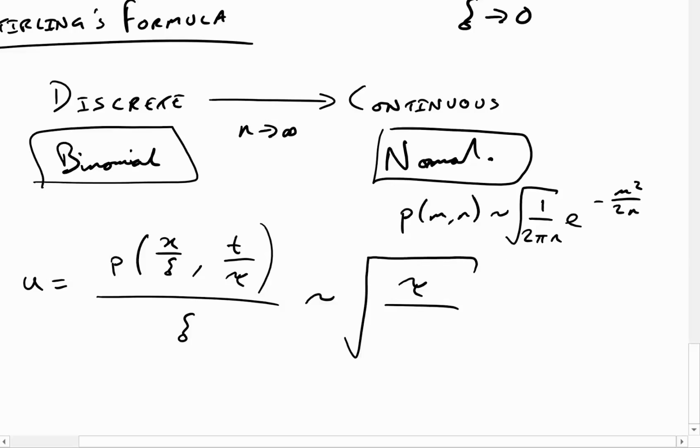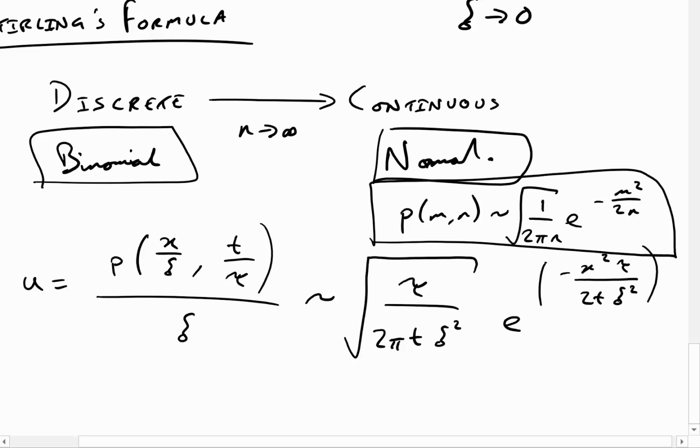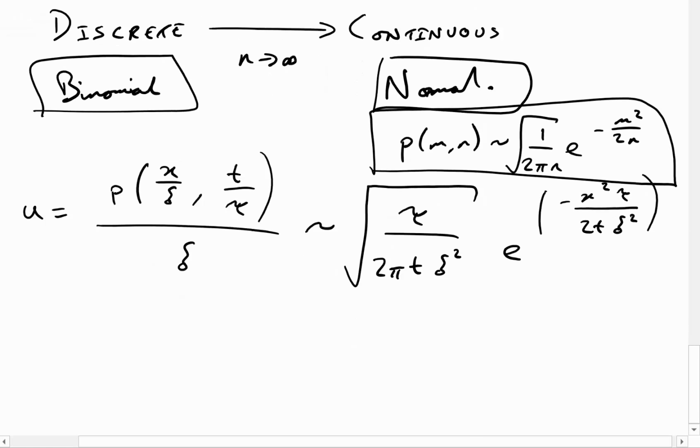So we end up with 2 pi t delta squared, times e to the power of minus x squared times tau over 2t delta squared. Don't worry about where it comes from. It's using something called Stirling's formula, and hopefully you can see the comparison between that and that. So this is what we end up with.